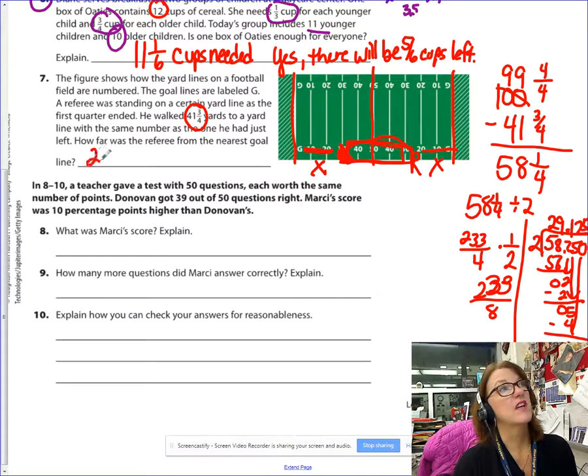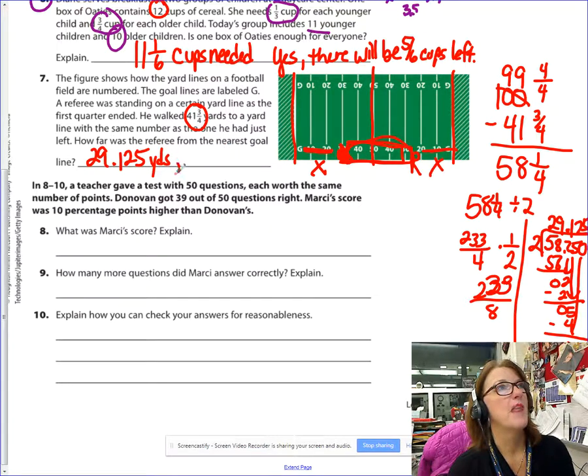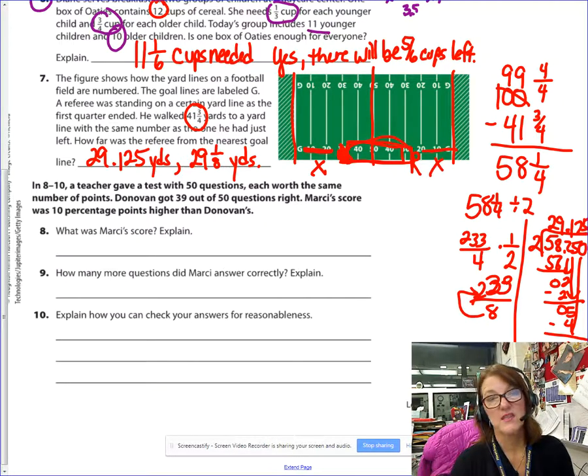You're either going to get 29.125 yards if you wrote it as a decimal. I want you to start getting familiar with the eighths as decimals. Okay, 29 and an eighth. If we had simplified that improper fraction, we would have gotten 29 and an eighth as well.